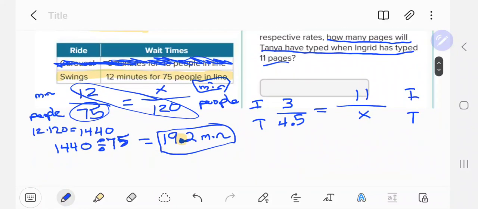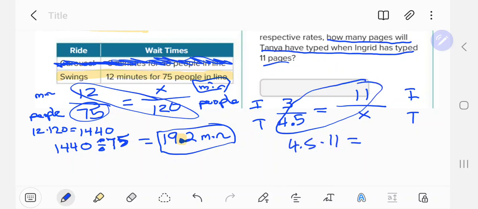And now we're ready to solve the problem. So we're going to multiply the ones there, 4.5 times 11, and that gives 49.5, and then we're going to divide by that remaining number, 49.5 divided by 3.